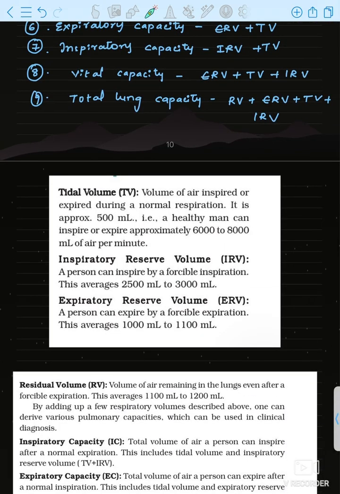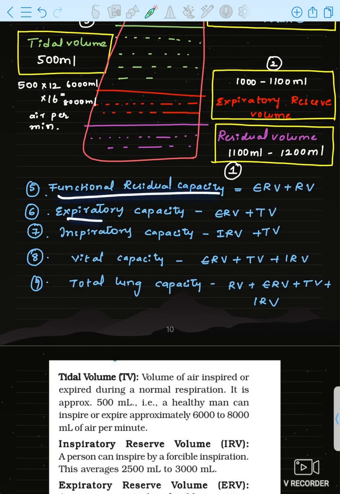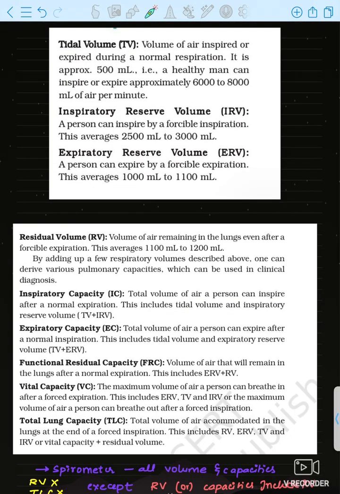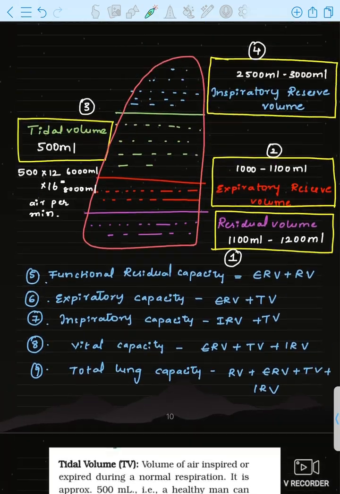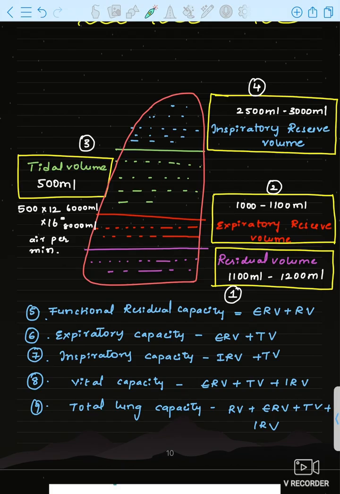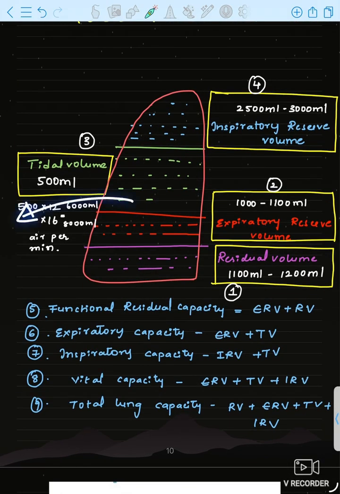Let us read the definitions of these three first of all: functional residual capacity, expiratory capacity, inspiratory capacity. First, inspiratory capacity. What is inspiratory capacity? I told, normal inspiration and also forceful inspiration. Total volume of air a person can inspire after normal expiration. Now, normal expiration he has done, means normally expired tidal volume is removed.